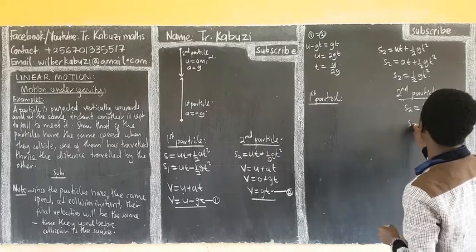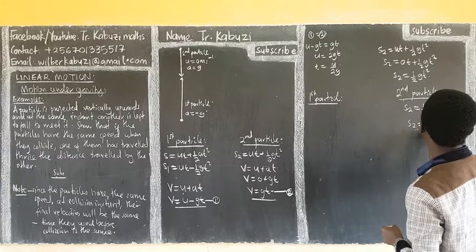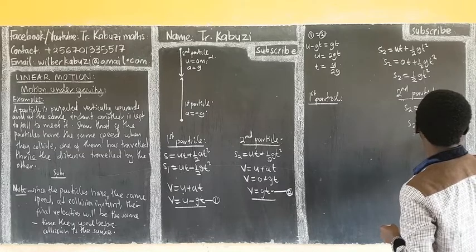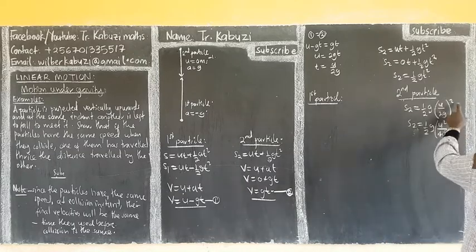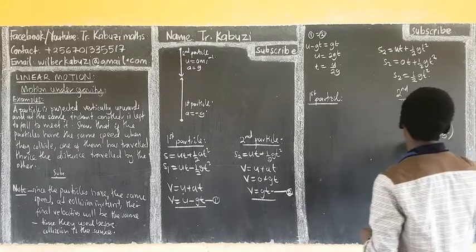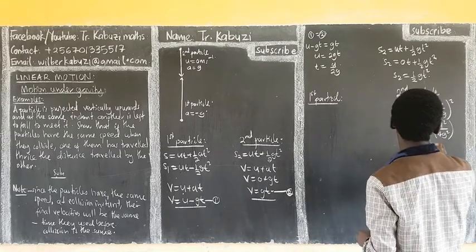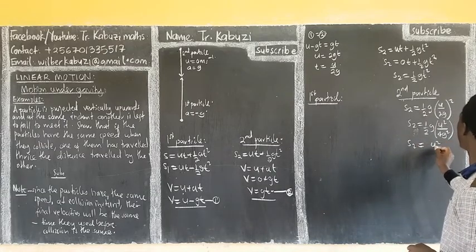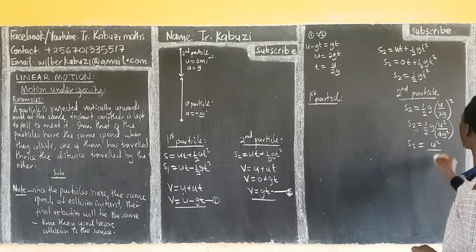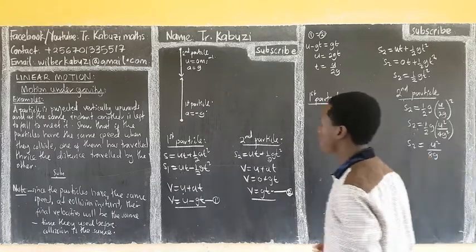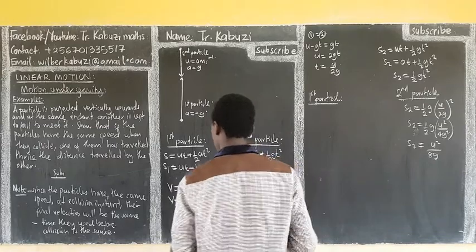If you simplify this, it is going to be a half g, then u squared over 4g squared. Why? When you square this, you get this. When you square 2, you get 4. So our S2 is going to be u squared over 8g, as this one is going to cancel this one.